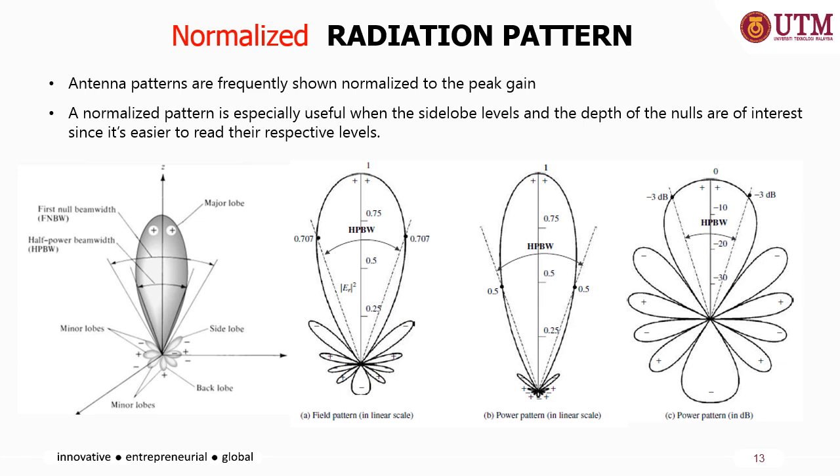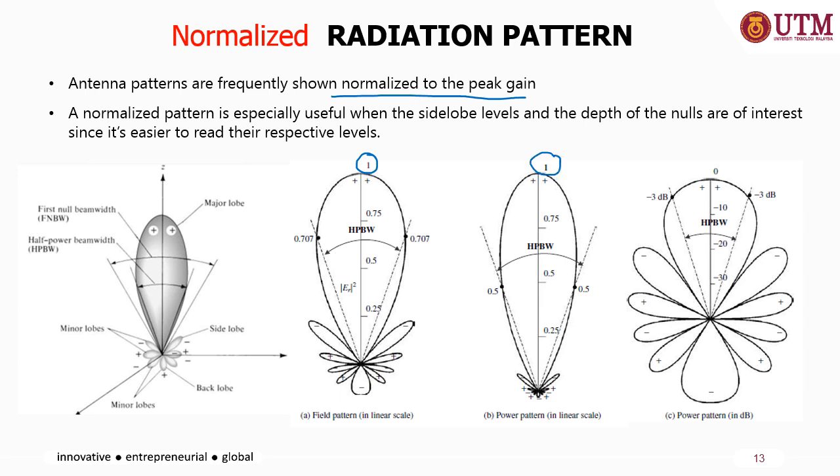Okay, another term that may be useful in antenna design is the normalized radiation pattern, in which the pattern shown is normalized to the peak gain. So when you look at the maximum radiation, it is 1 because it has already been normalized to the peak gain.